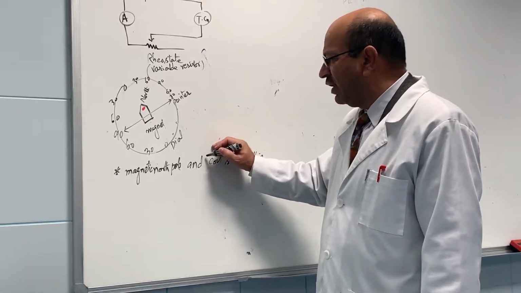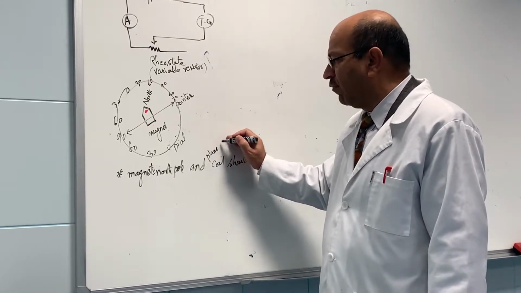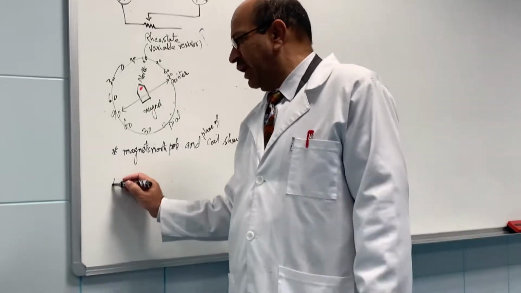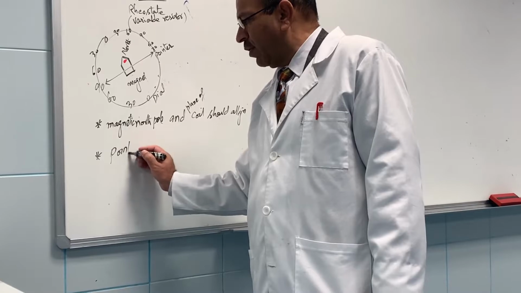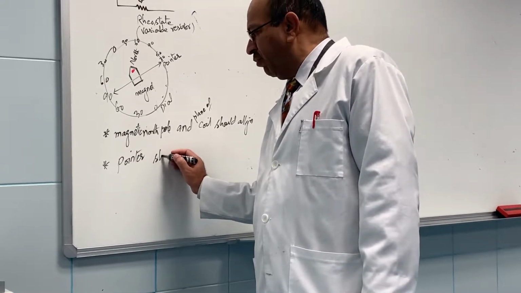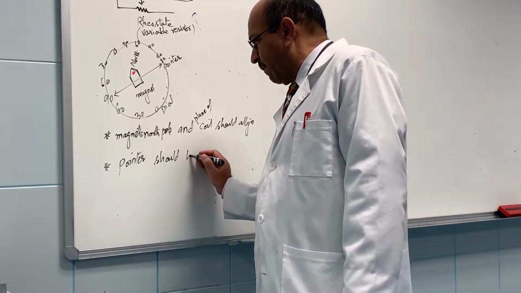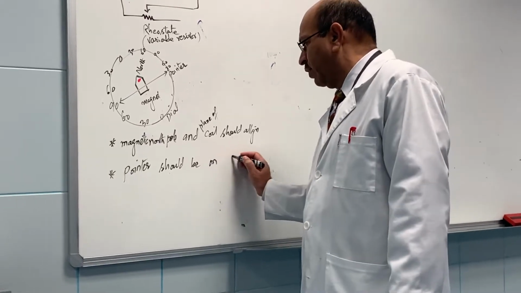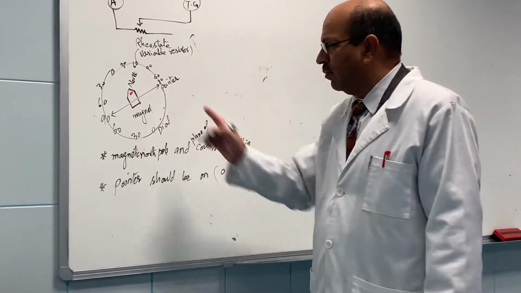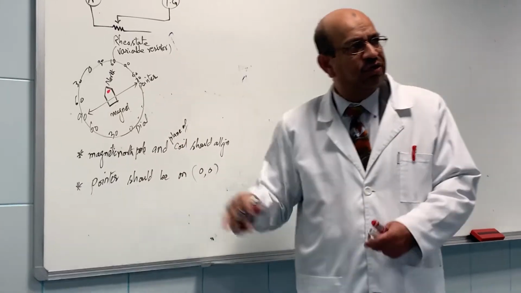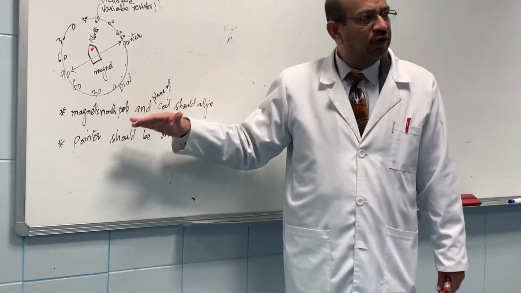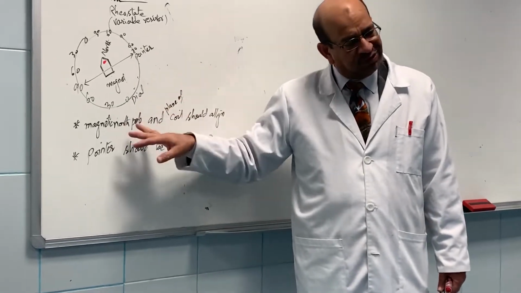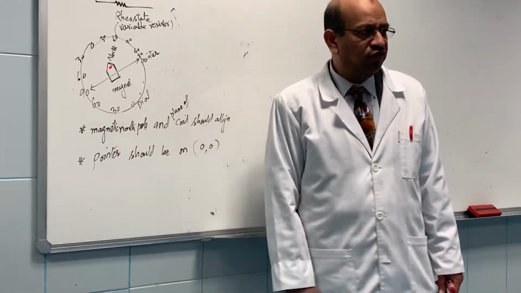Plane of coil, you can say that more easily, plane of coil. The second thing, pointer should be on 0 and 0. Both pointers should be on 0. This is our adjustment. Before doing this experiment, you have to follow these two instructions. You just do this first, and then we will start.